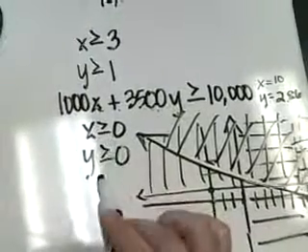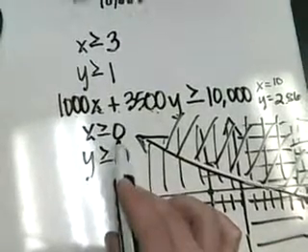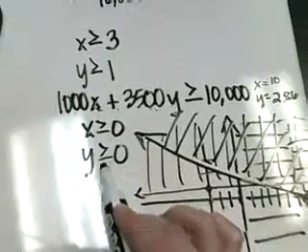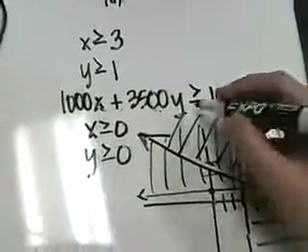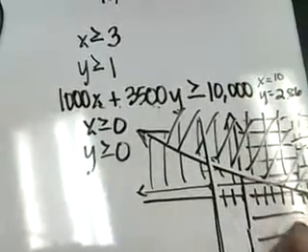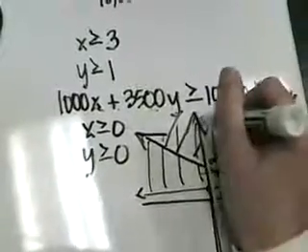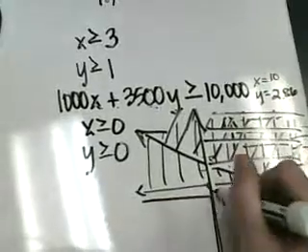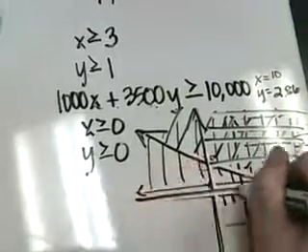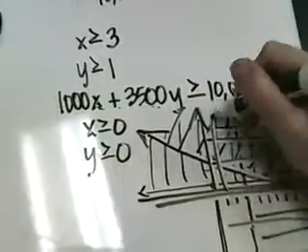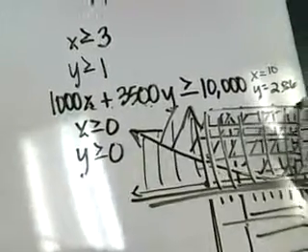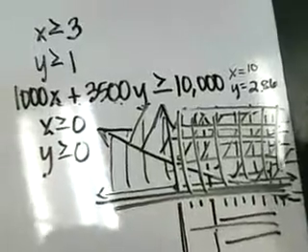And then your last two, x is greater than or equal to 0 and y is greater than or equal to 0, what that does is that wants to make sure that it's in first quadrant. So here's x is greater than or equal to 0, and it tells you to shade this way. Here's y is greater than or equal to 0, and it wants you to shade up. I probably should have shaded them first.